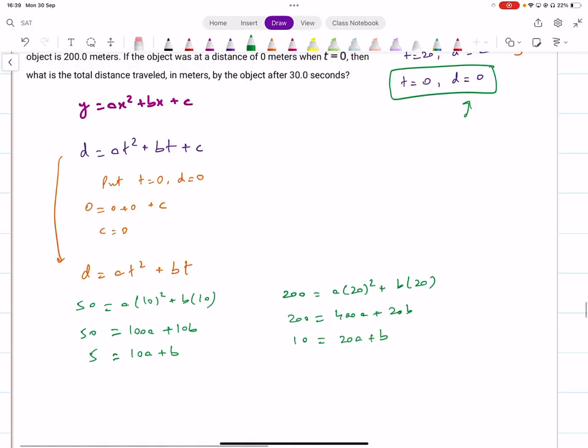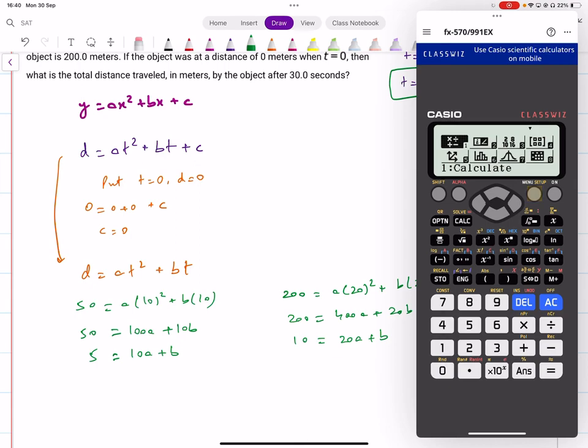We can use these equations to find the values of a and b. Now, don't start solving these yourself. You can just use Desmos for this. Plot these two equations and find the point of intersection, or you can use your calculator to solve these simultaneous equations.